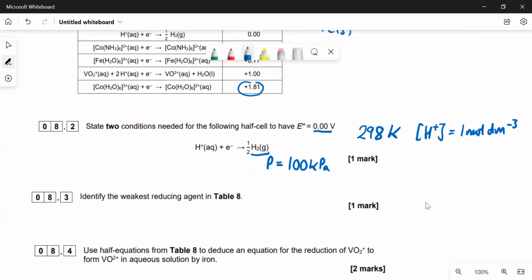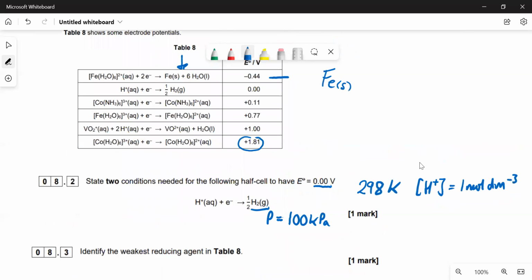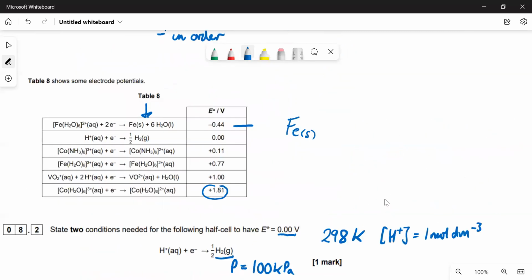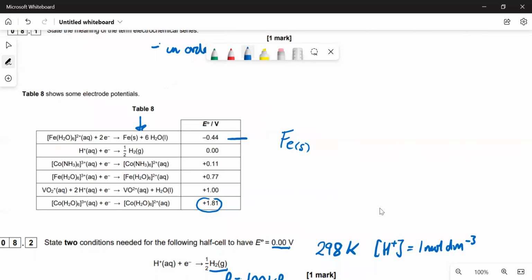Okay, now use half equations from table 8 to deduce an equation of the reaction for the reduction of the dioxide of vanadium ion to form this ion in aqueous solution by iron. Okay, now that is a bit mean, that question. And by the way, they only want 2 marks there because you've got a couple of things going on here. So what do we need to look at?